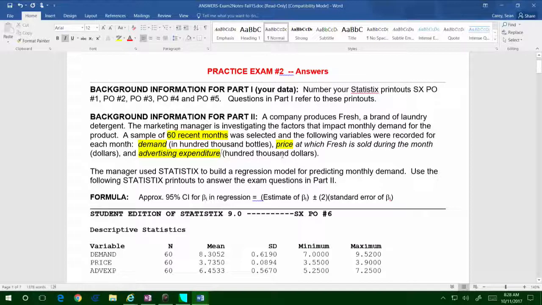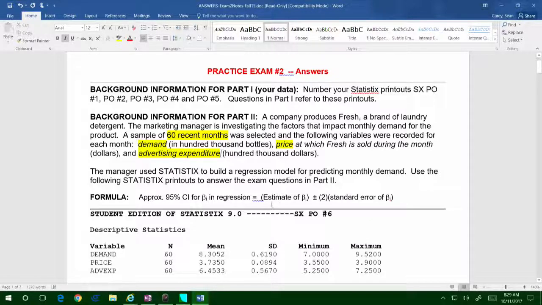And then look what it says next: the manager used the software to build a regression model for predicting monthly demand. That's how I knew the demand was the dependent variable, because it says it right there in the next line. So now we know the dependent variable is demand, and the other 2 variables are our independent variables, our x's: price being one of them, and advertising expenditure being the other.